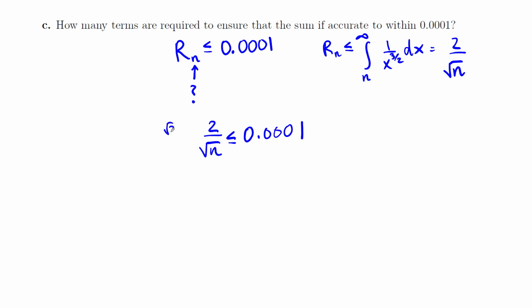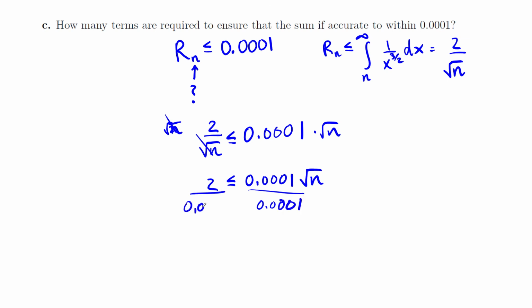So I can multiply both sides by square root of n. So 2 less than or equal to 0.0001 square root of n. And then I can divide by 0.0001. I think I said too many zeros there, excuse me.